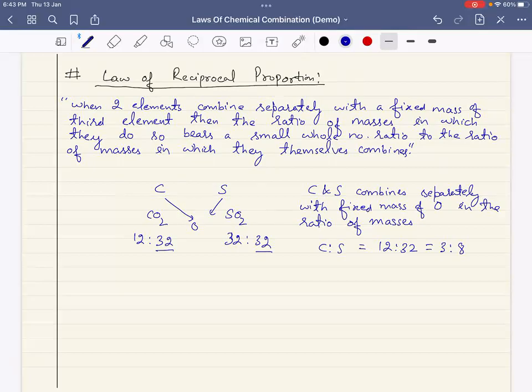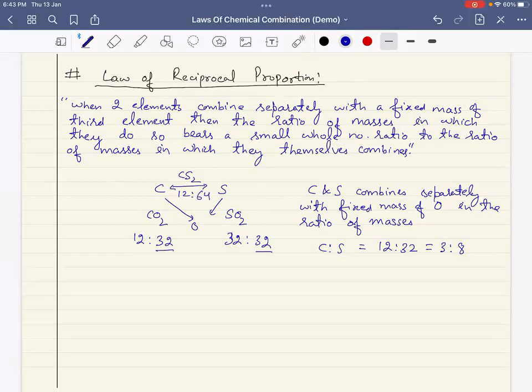Now, if I ask you in what ratio carbon and sulfur will combine with each other? They will form CS2. So they will combine in the ratio of 12:2 times sulfur. Sulfur is 32, so 32 into 2, that is 64.